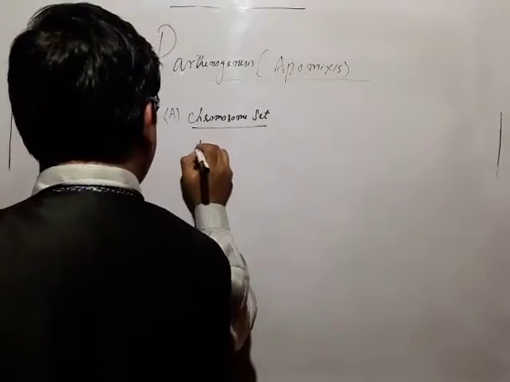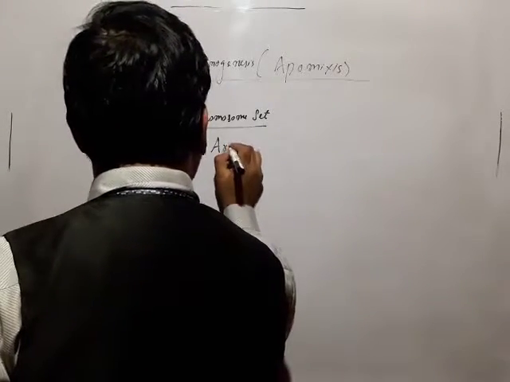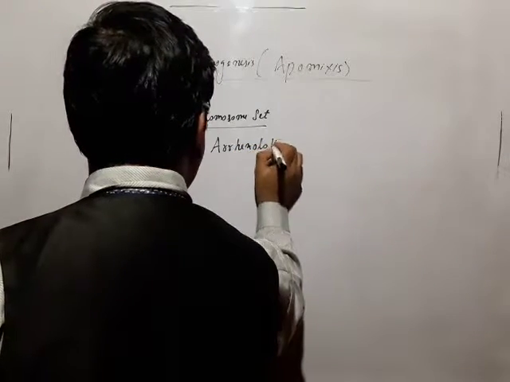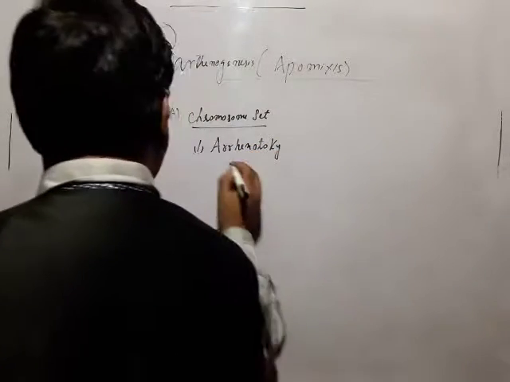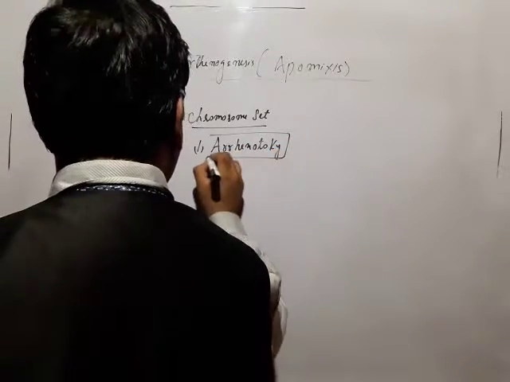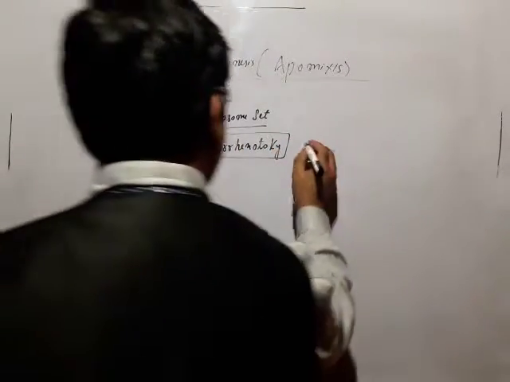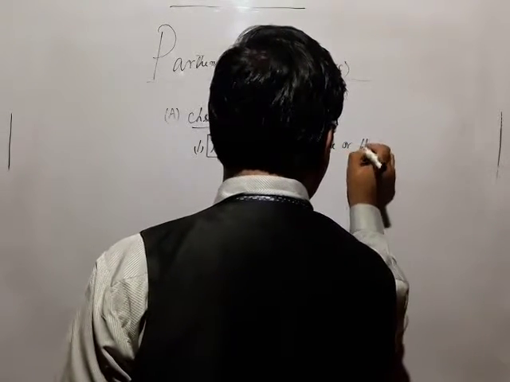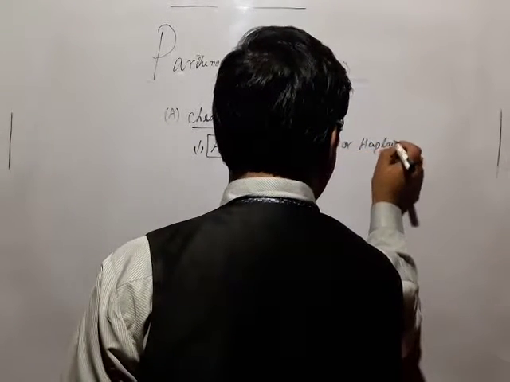One is called arrhenotoky, or male or haploid parthenogenesis.